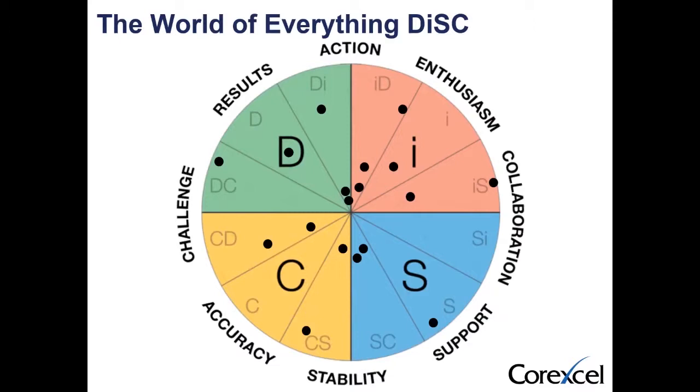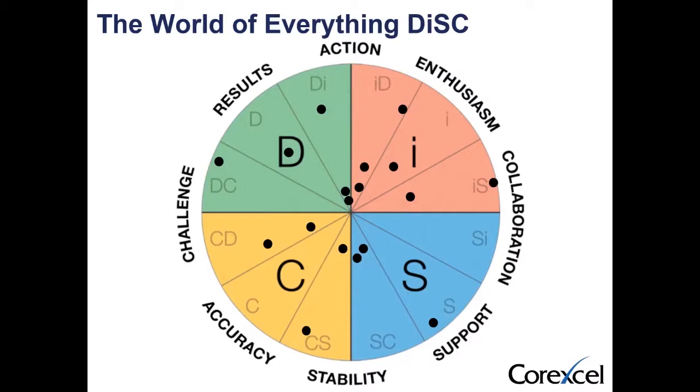Let's go to the example. This person that's in the S quadrant, pretty close to the outside of the circumference, would have a very strong preference to their style. The other example would be the opposite, where you see some dots in the middle of the circumference, kind of in that Di pie slice. Those people would have a slight preference to their Di style.